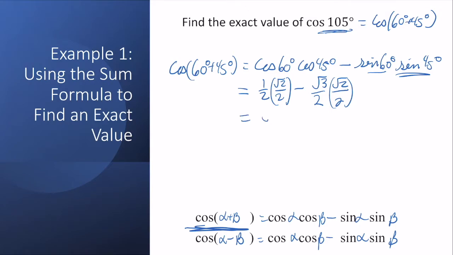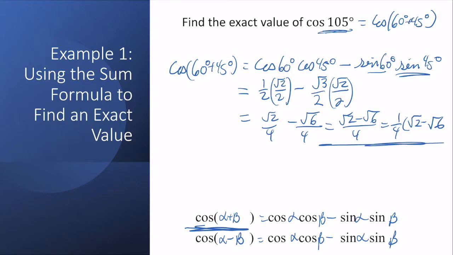So that gives me the square root of 2/4 minus the square root of 6/4. So I have the square root of 2 minus the square root of 6 over 4, or I could pull that apart, factor it as 1/4 times the square root of 2 minus the square root of 6. Now these are equivalent. Just be careful how MyMathLab wants you to enter in your correct answers.